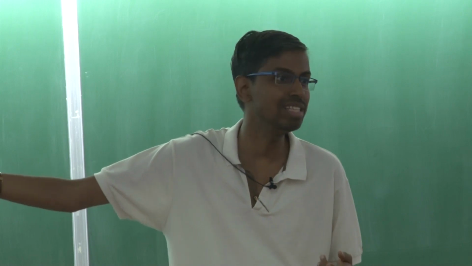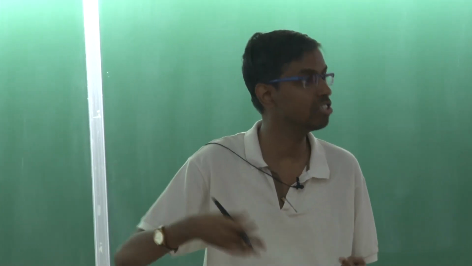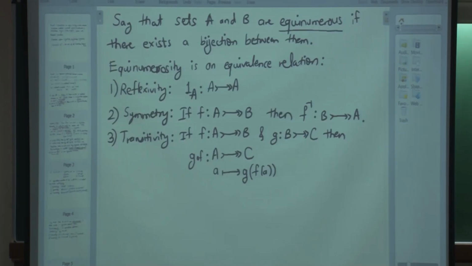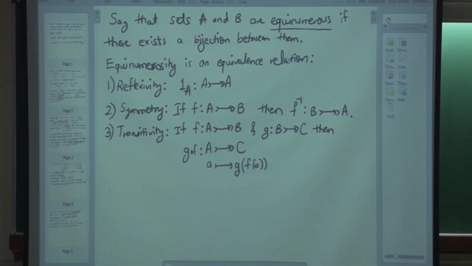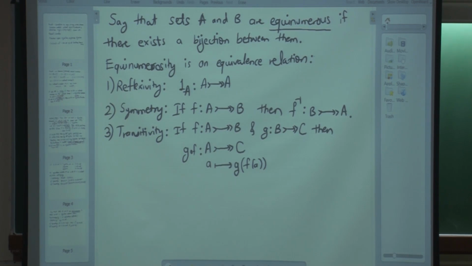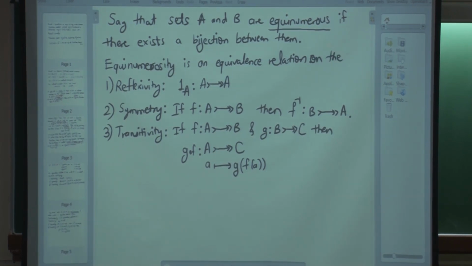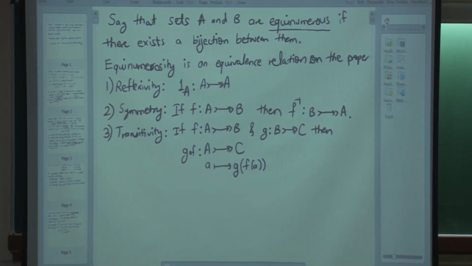Similarly this equivalence relation will also partition this proper class, and those are called equicardinality classes. So equinumerosity is an equivalence relation, and I will write here: on the proper class of sets.